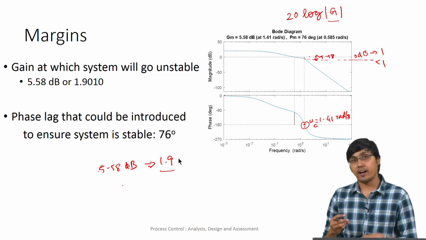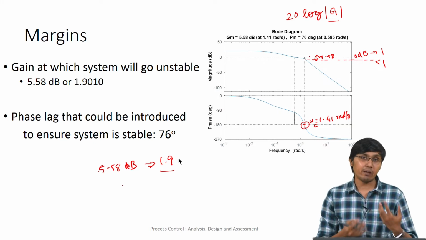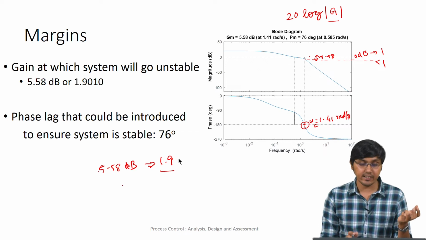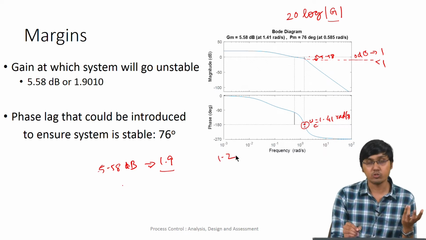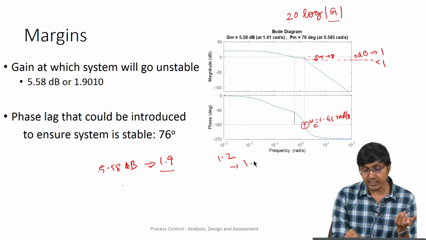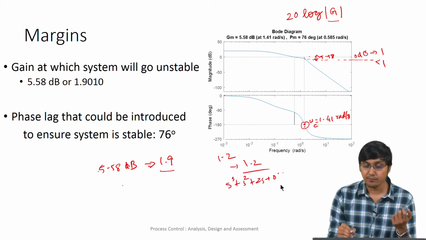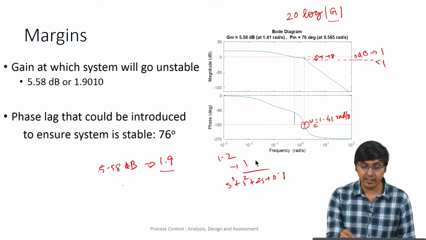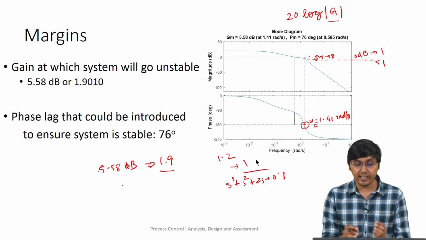So when I am modeling the system, if I made some mistake, say instead of taking the gain as 1.2, due to some reason I took this gain as 1. So instead of 1.2 by s cube plus s square plus 2s plus 0.1, I made a mistake in modeling, so I took 1 by s cube plus s square plus 2s plus 0.1.